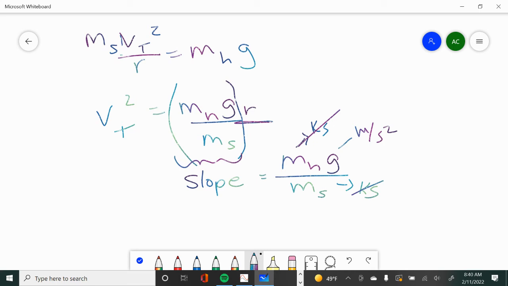I was looking at yours thinking, boy, your numbers are a lot different than mine. You will not have the same theoretical slope. Because what was the mass of your stopper?